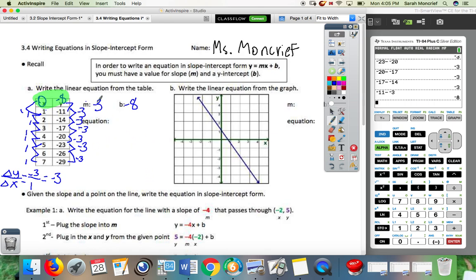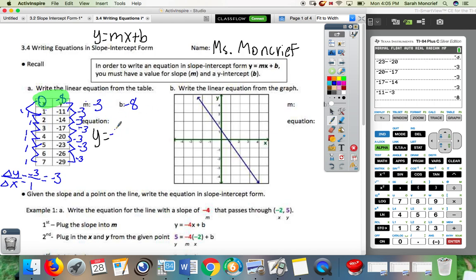From here, we will just put my m and my b into my equation. Hopefully you all remember slope-intercept form as y is equal to mx plus b. We're just going to replace the m and the b with the negative 3 and the negative 8. So you should have gotten y equals, and what do we get for m?